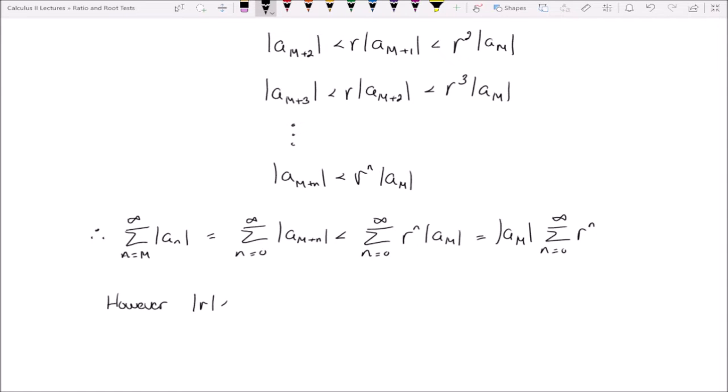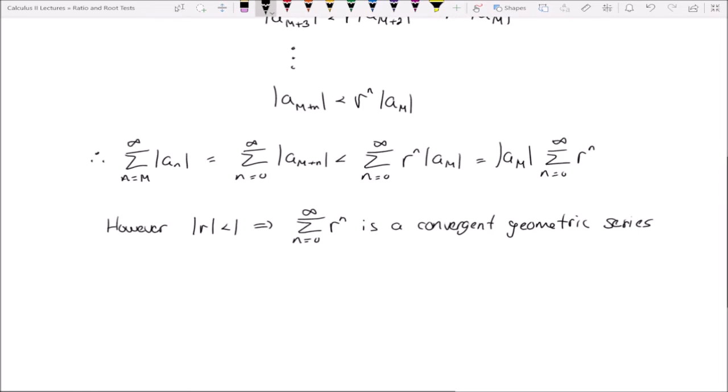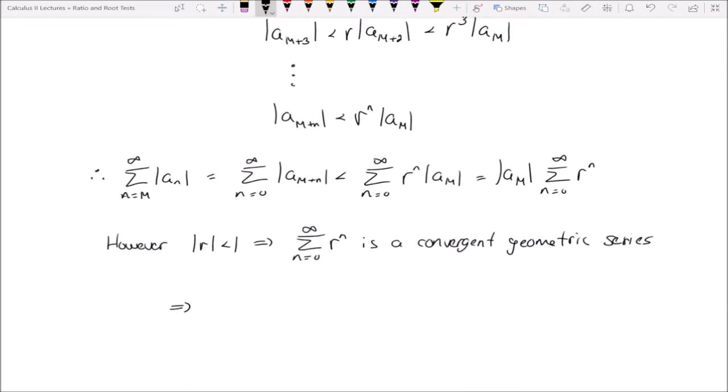However, the absolute value of r is less than 1. So that means that this series is a convergent geometric series. Well, this means that if you take some number, in this case the absolute value of a sub m, and multiply it by r to the n, it converges.